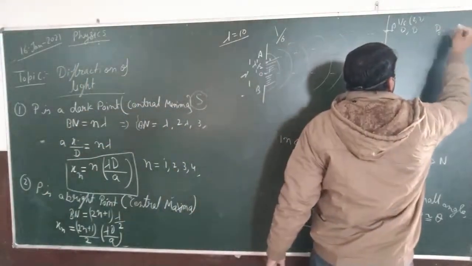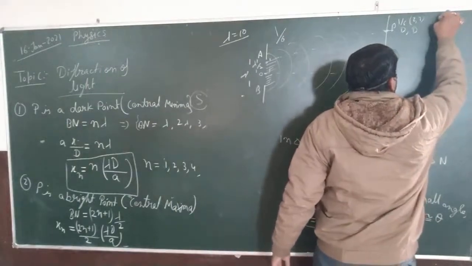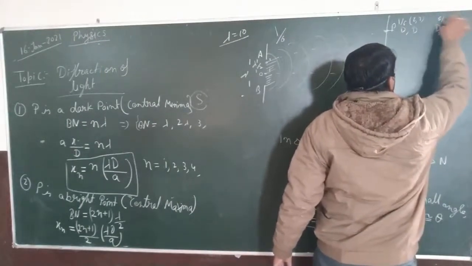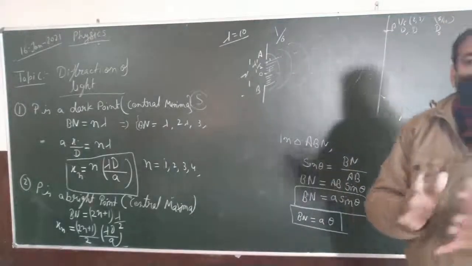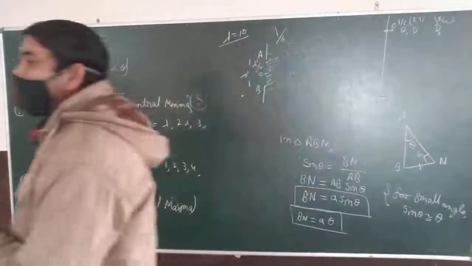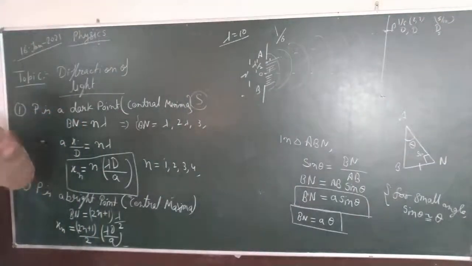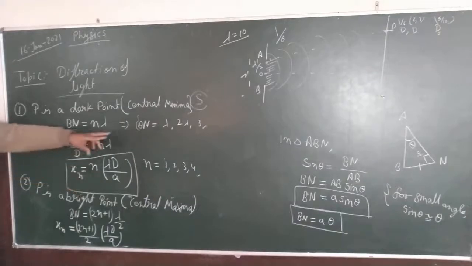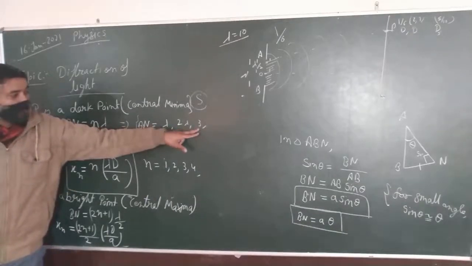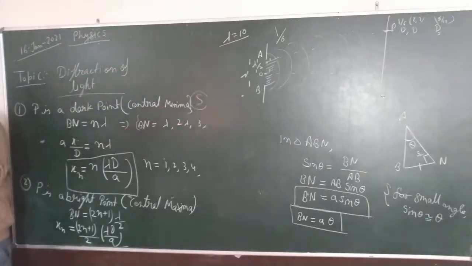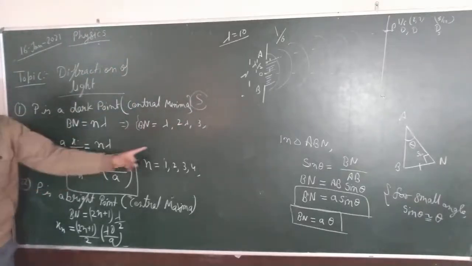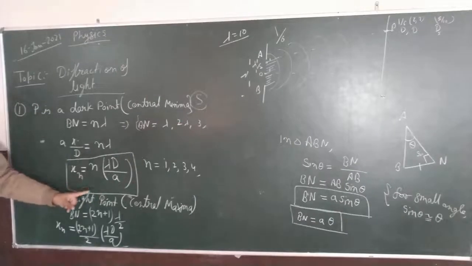For the 5th case, that is 5th and 10th, we will get a dark point here. What is the possibility to reach there an undark point, which means a bright point? So you get lambda, 2 lambda, 3 lambda and so on for the dark point. We need to calculate the wavelength of the bright point from here.